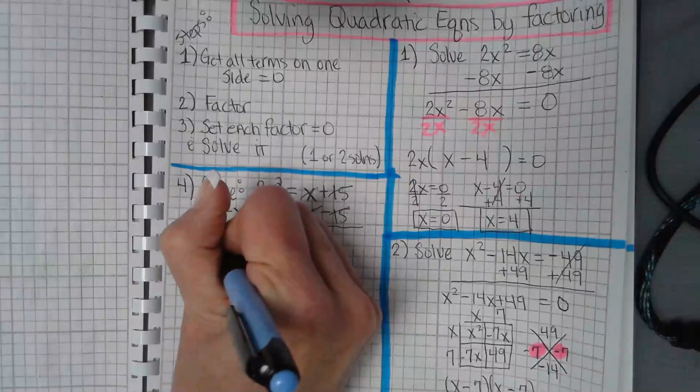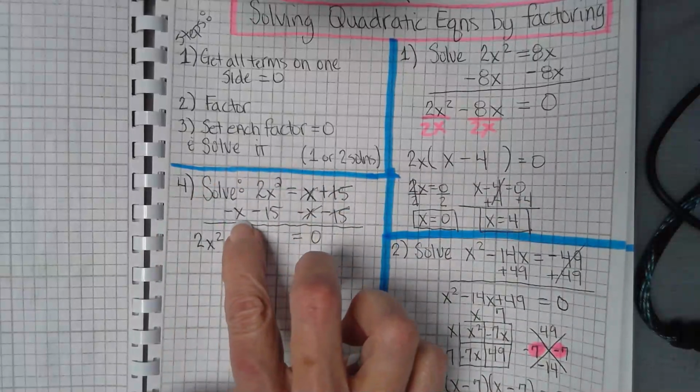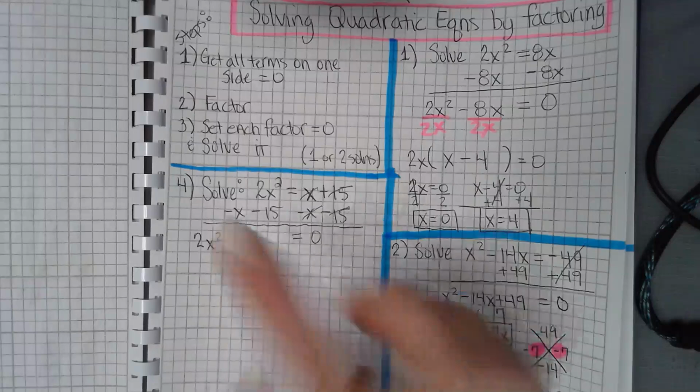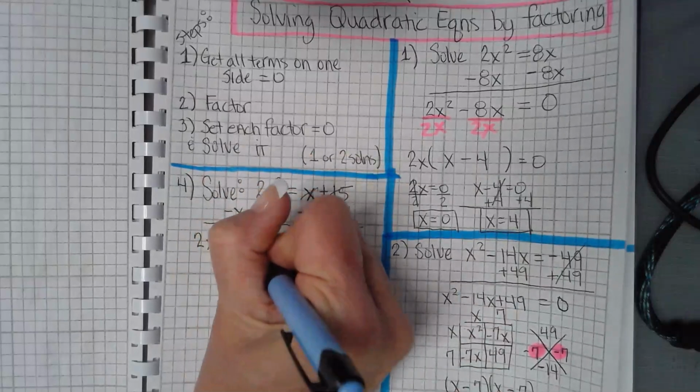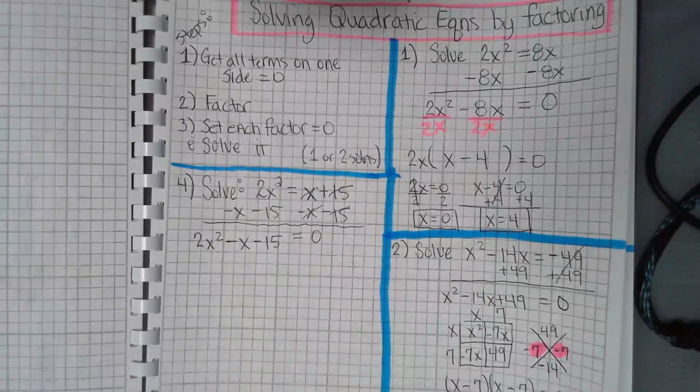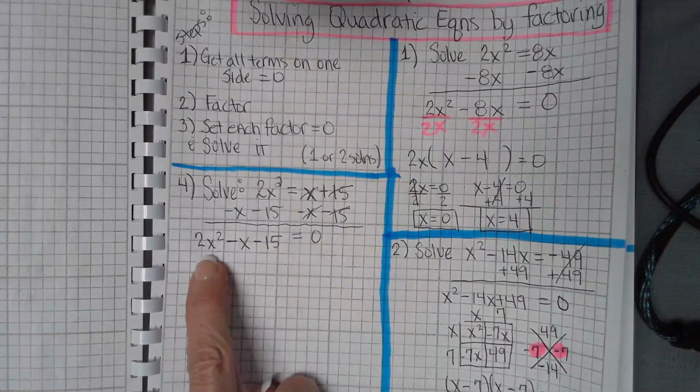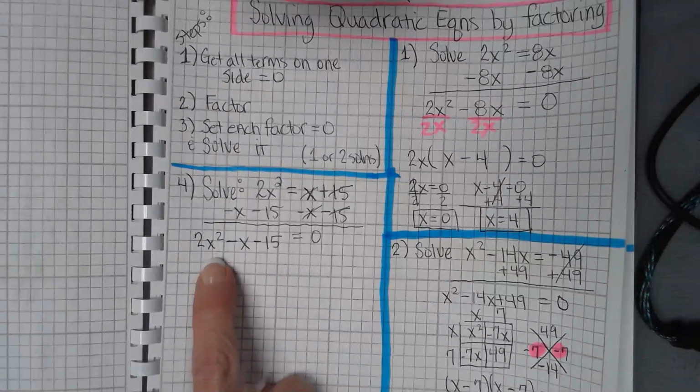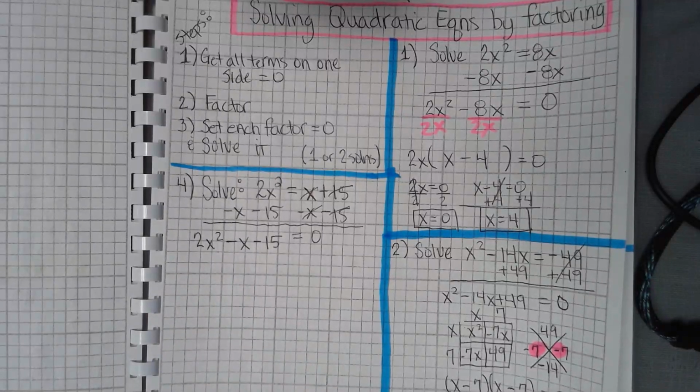So that's 2x squared. I want to put my linear term next, which is minus x. And then my constant term, which is minus 15. Do I have a greatest common factor here? I don't. So which one? Trinomial. Here we go.